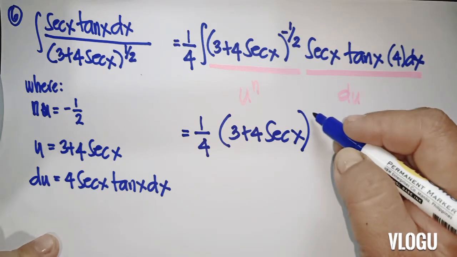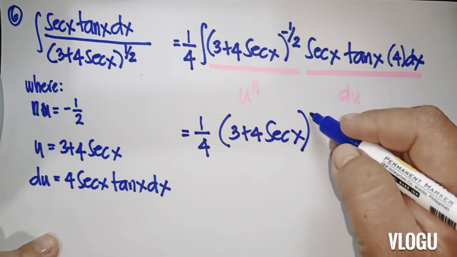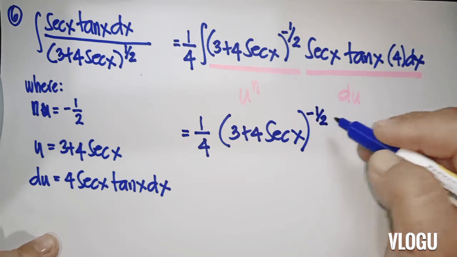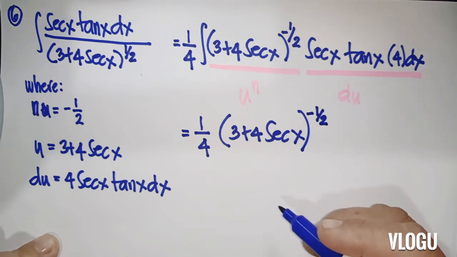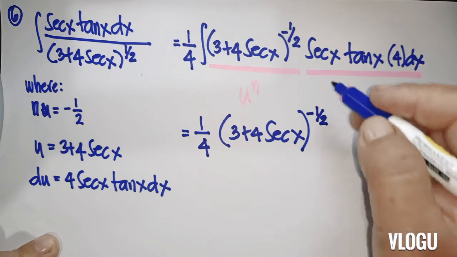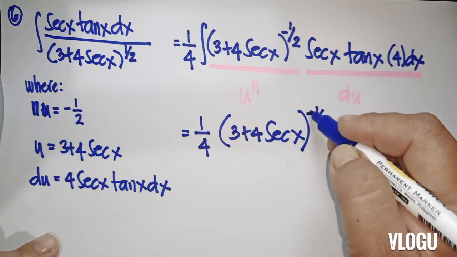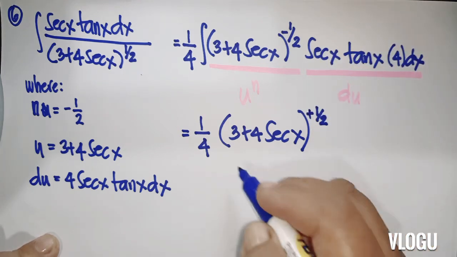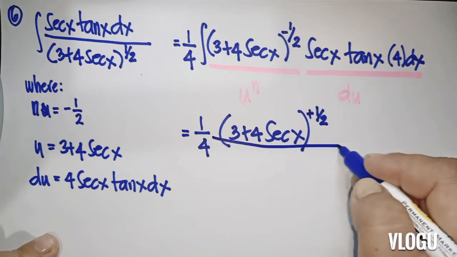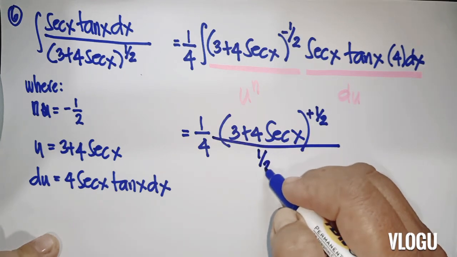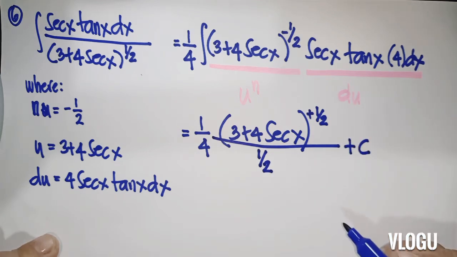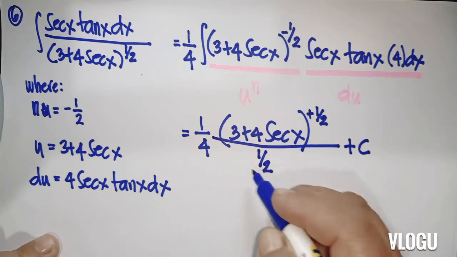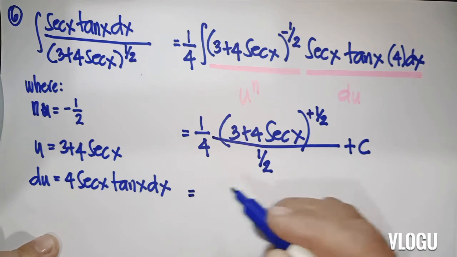So negative 1/2 plus 1 is positive 1/2, so over 1/2 plus C. So our final answer, 4 divided by 2, that is 2.